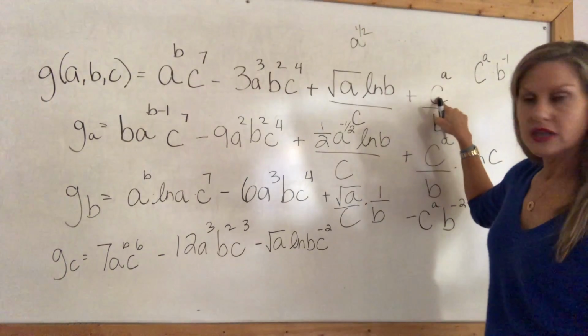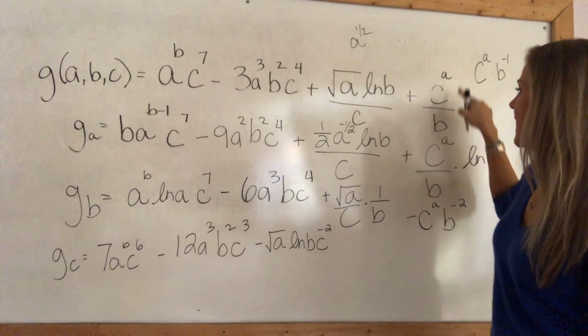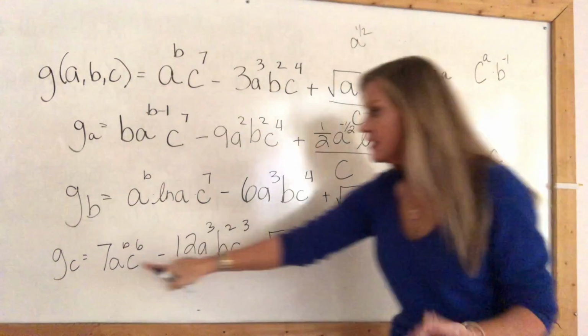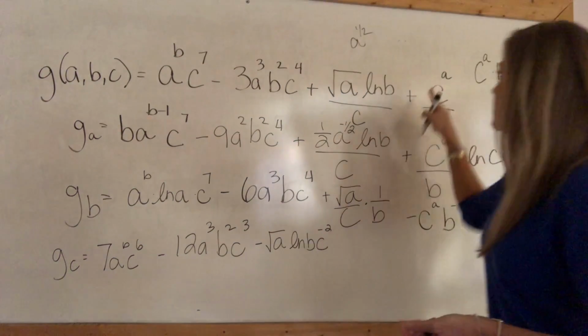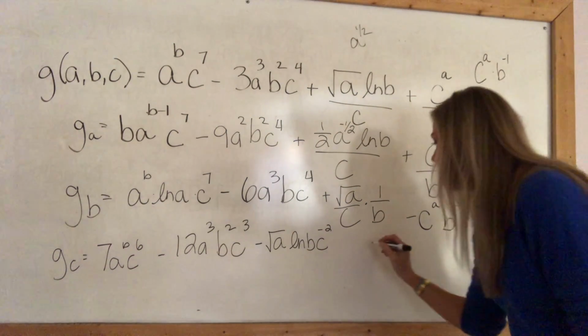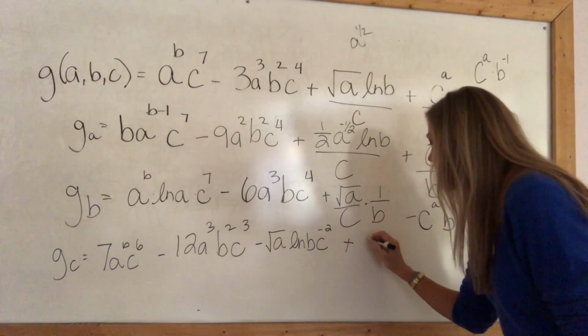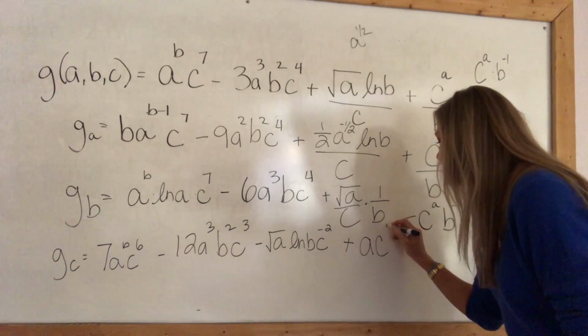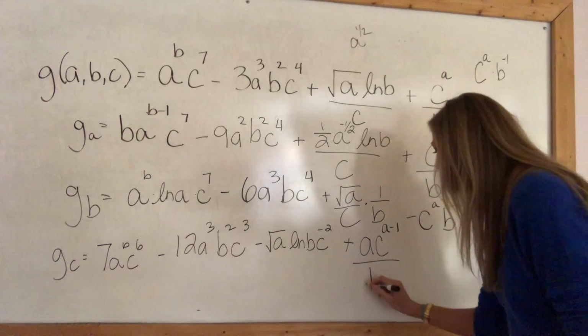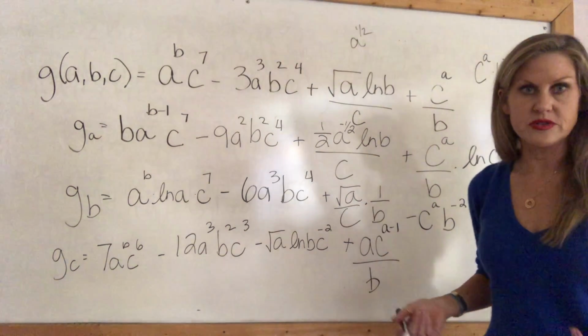And over here, I have c to the a over b. C is my variable. So this will be a times c to the a minus 1, and the b just trundles along.